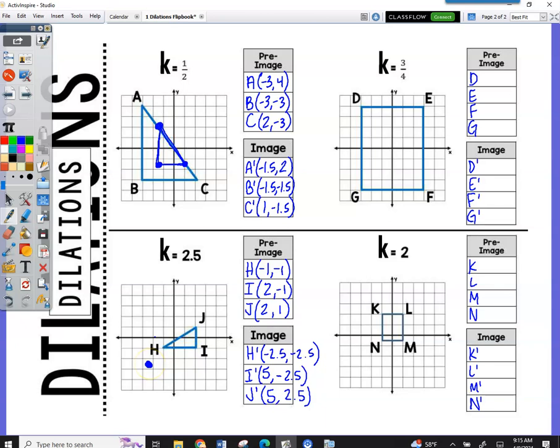So we're hovering in that box. Now we're going to go right 5, down 2.5. We're going to go right 5, up 2.5. All right, 2 more.